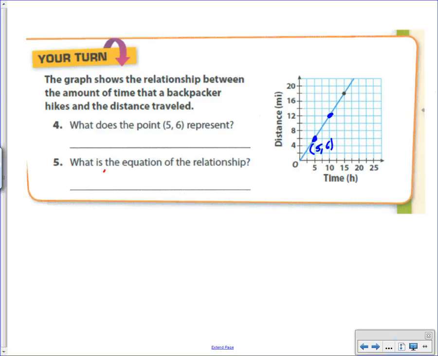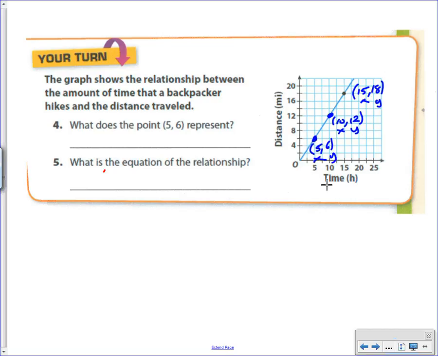All right, go ahead and label my point. So it's 10, 12. And 15, 18. Okay. There's my x, there's my y, x, and y.